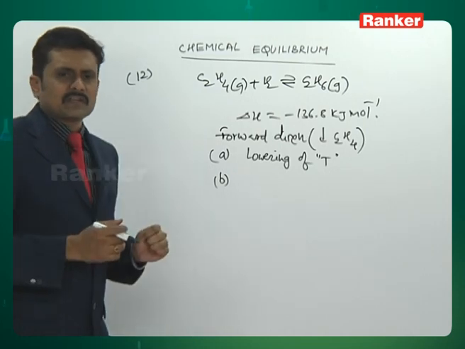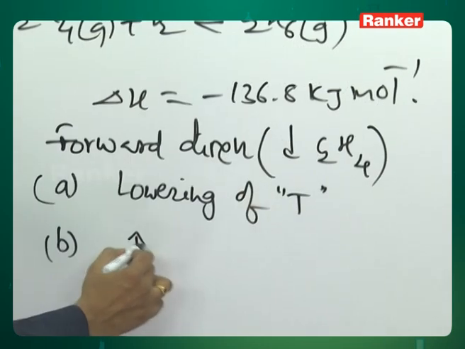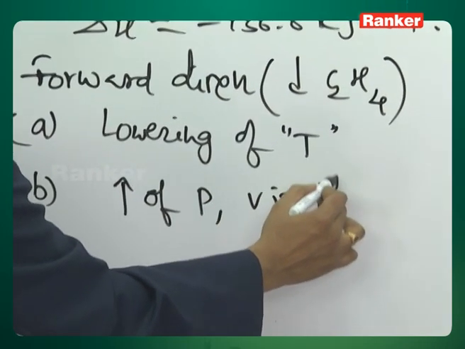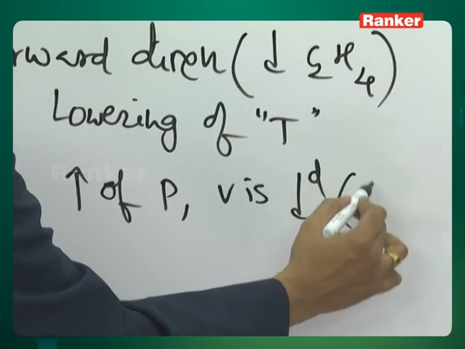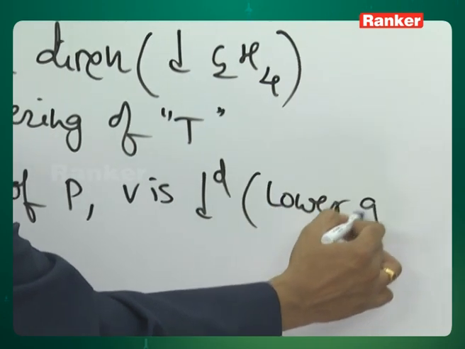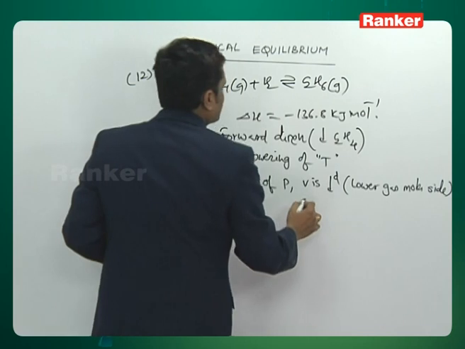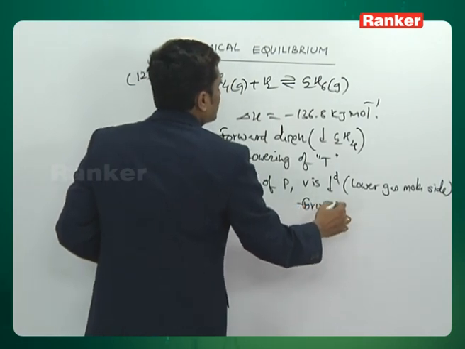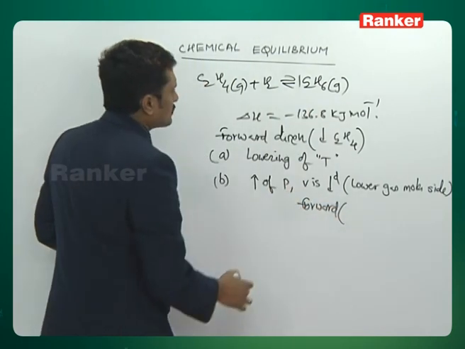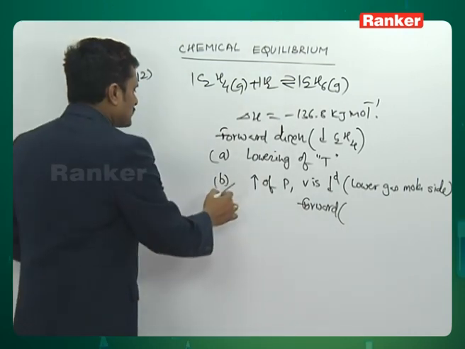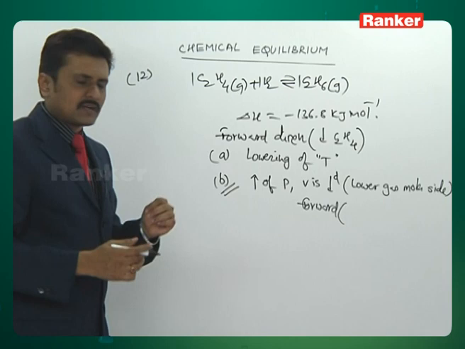Now option B, when I am increasing the pressure, you know that volume is decreased, so equilibrium will shift to the lower gas mole side. That means forward, because you can see that the moles of gaseous products are 1 and the moles of gaseous reactants are 2. Hence option B seems to be the correct one.